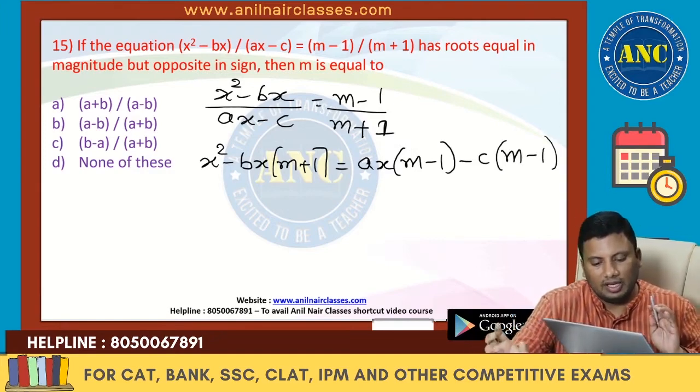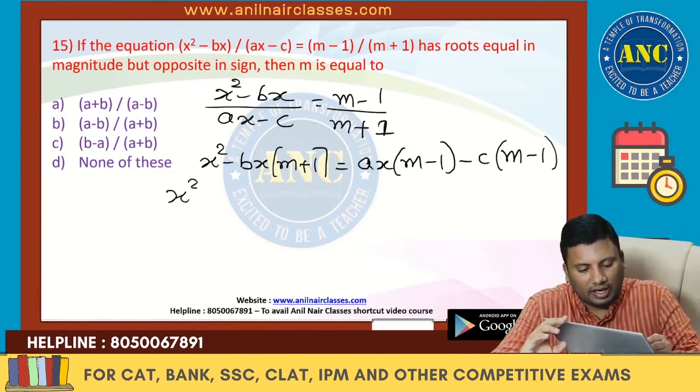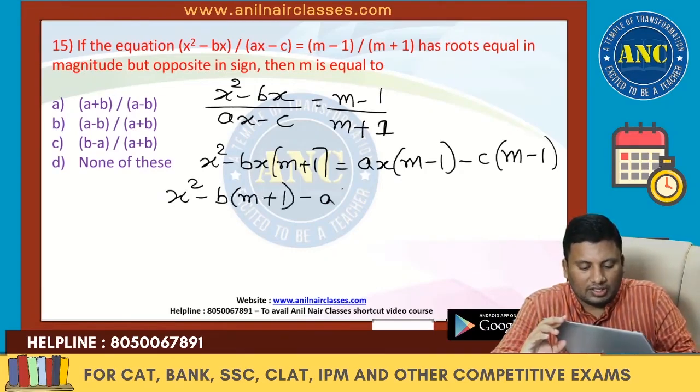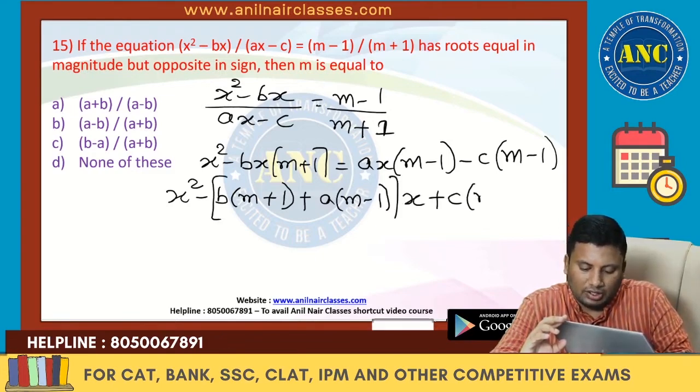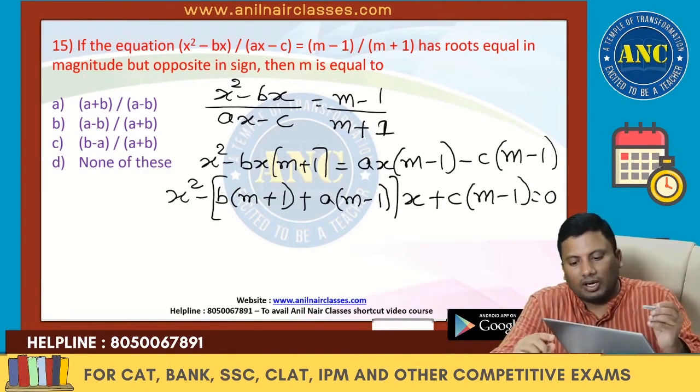Now this is x square minus b into m plus 1 minus a into m minus 1, times x, plus c into m minus 1 equal to 0. Am I right? What is the question?